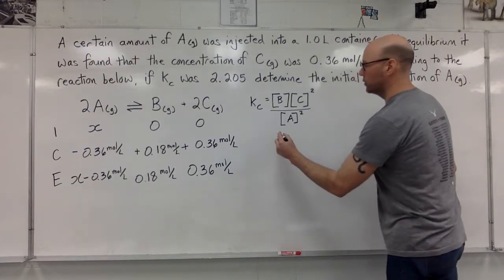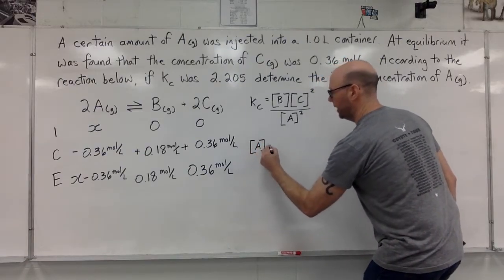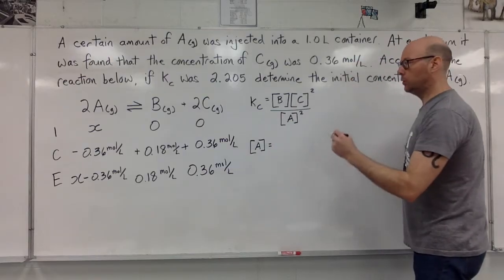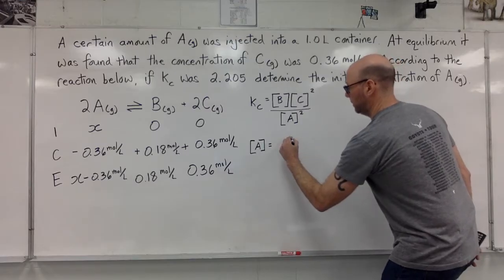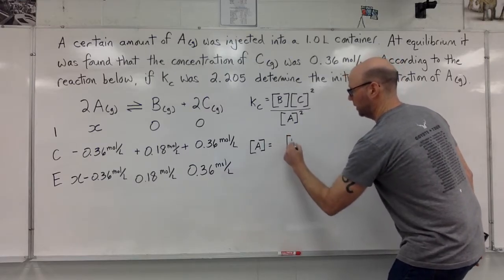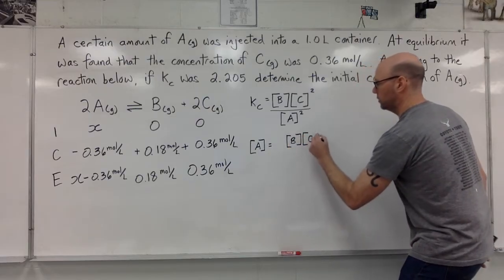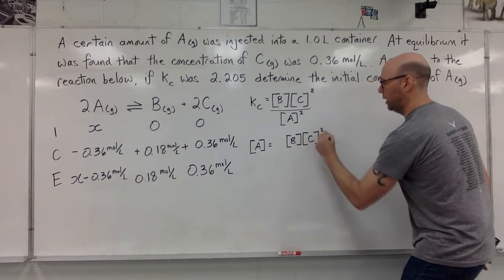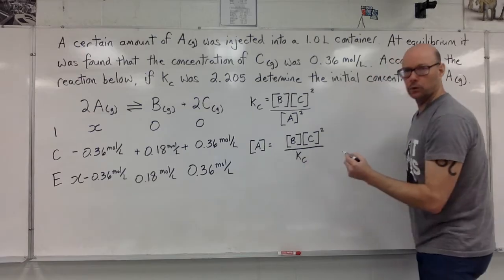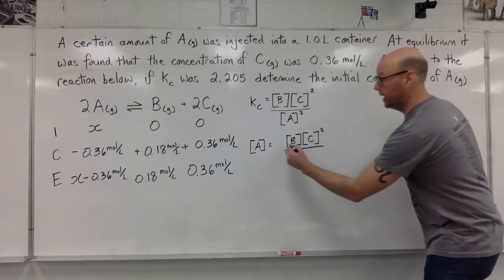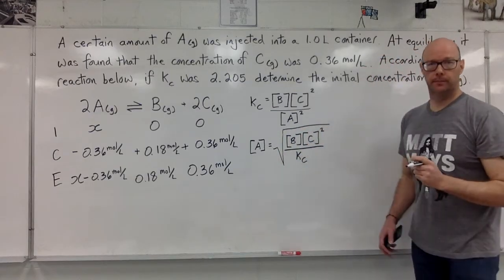This turns out to be: the concentration of chemical A is going to be equal to the concentration of chemical B multiplied by the concentration of chemical C squared, divided by the equilibrium constant, and that's all going to get square rooted.